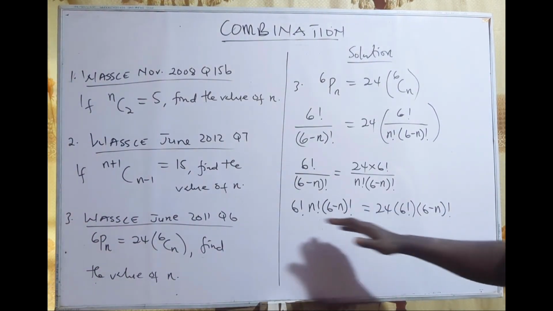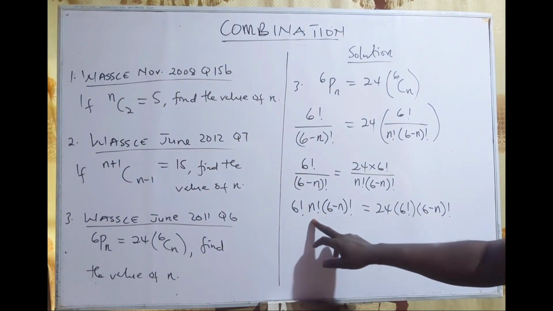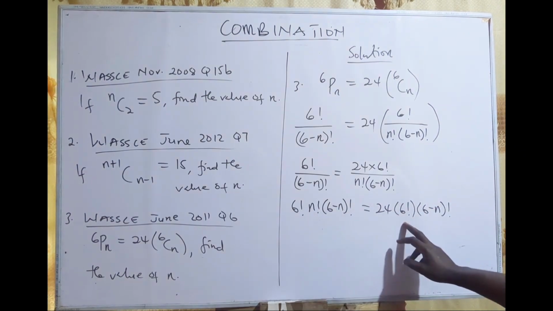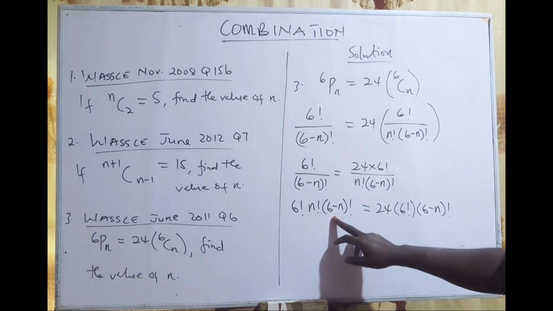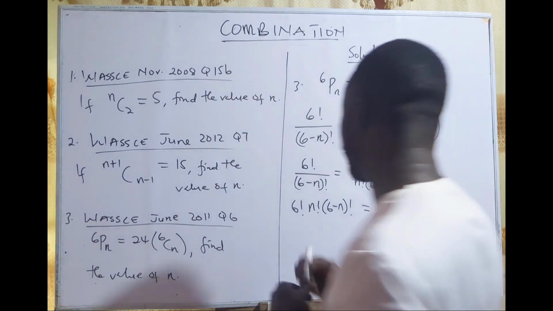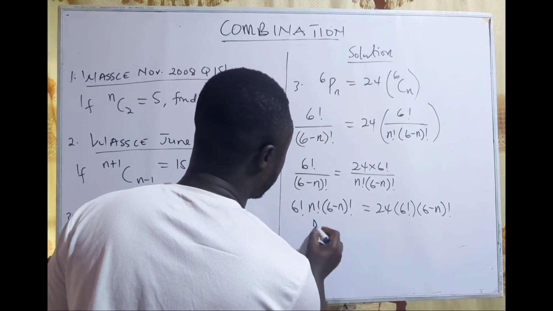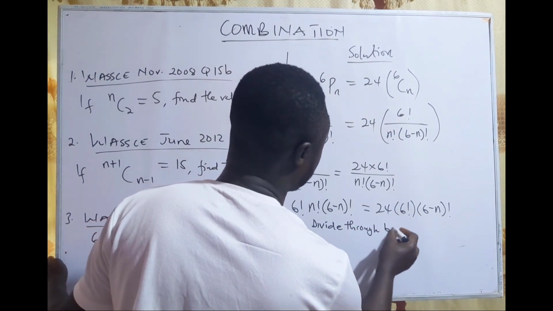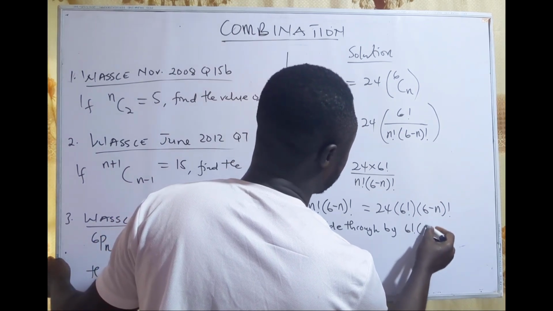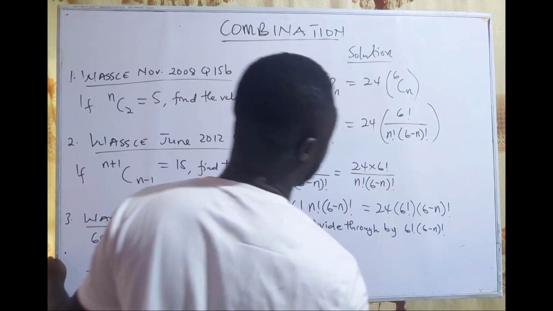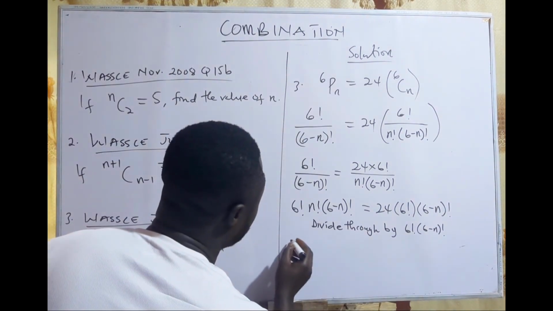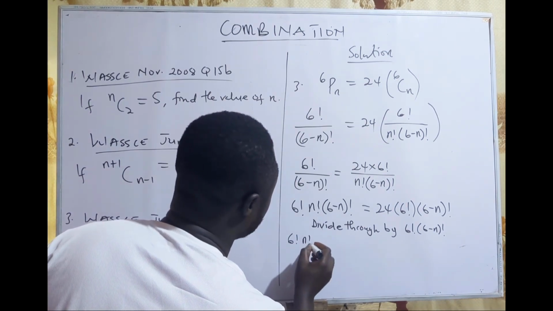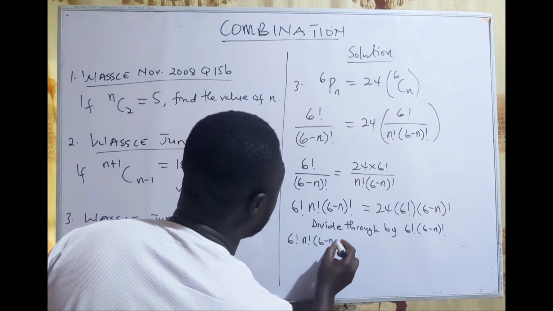So let's see if you can divide through by a common factor here. I have n factorial here, you don't have n factorial. Okay, I have 6 factorial, 6 factorial, so you can divide. And I have 6 minus n factorial, 6 minus n factorial. So we can divide through by 6 factorial and then 6 minus n all factorial.